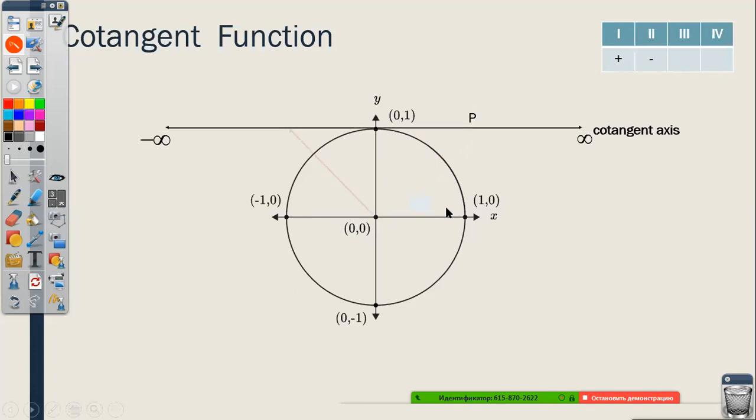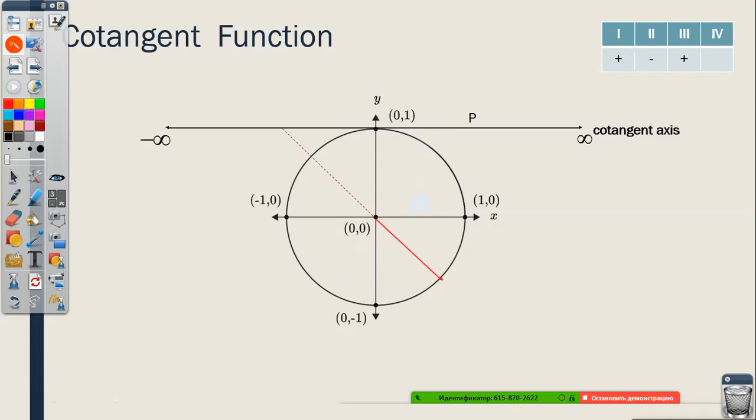And then in the second quadrant, cotangent is on the left side of the origin, so that's why it is negative. So cotangent alpha in the second quadrant is negative. Now in the third quadrant, the angle's extension is in the first quadrant, so that's why in the third quadrant cotangent is positive.